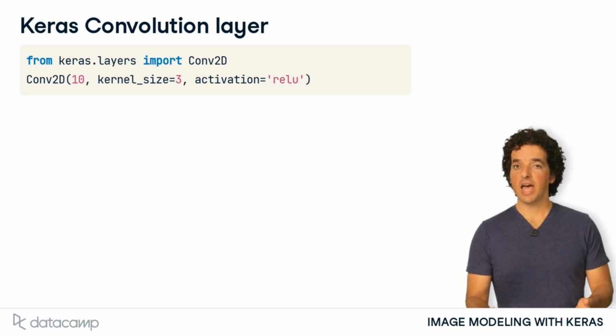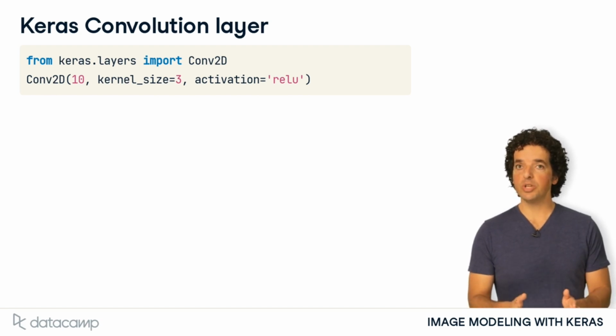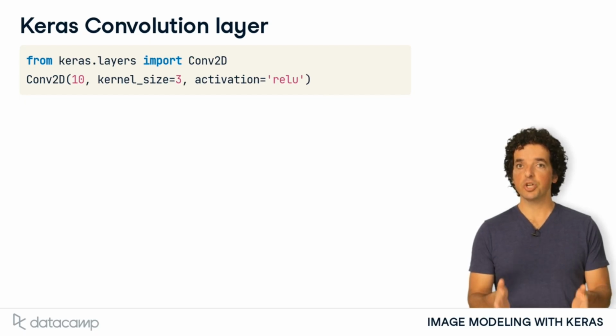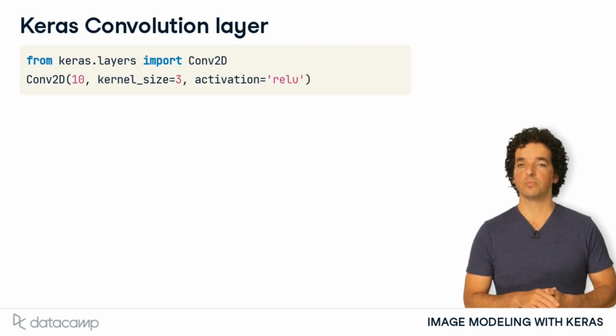A dense layer has one weight for each pixel in the image, but a convolution layer has only one weight for each pixel in the kernel. For example, if we set the kernel size argument to 3, that means that the kernel of each unit has 9 pixels. If the layer has 10 units, it would have 90 parameters for these kernels.